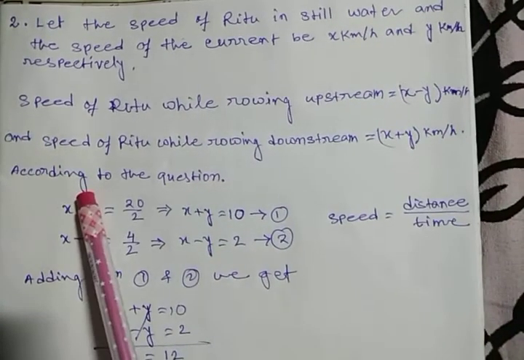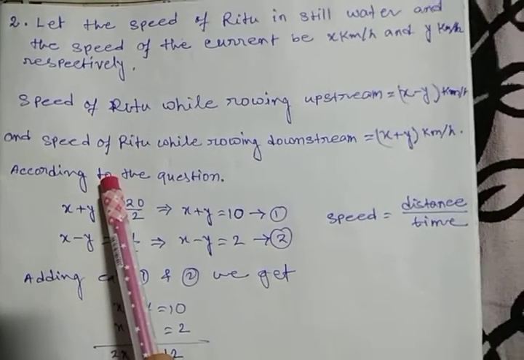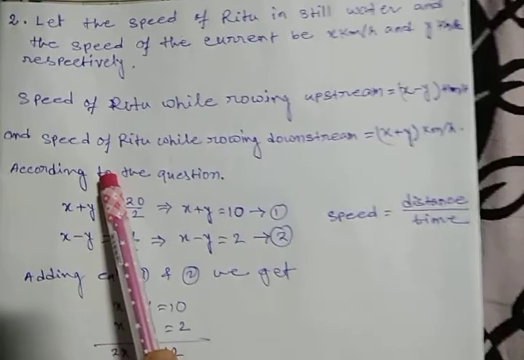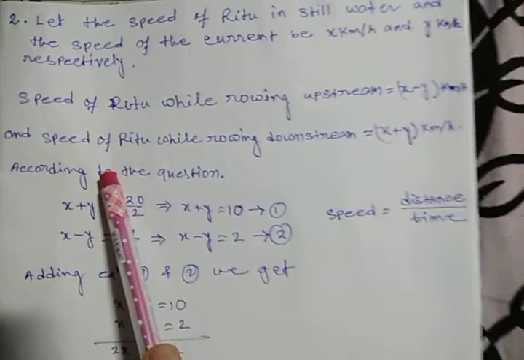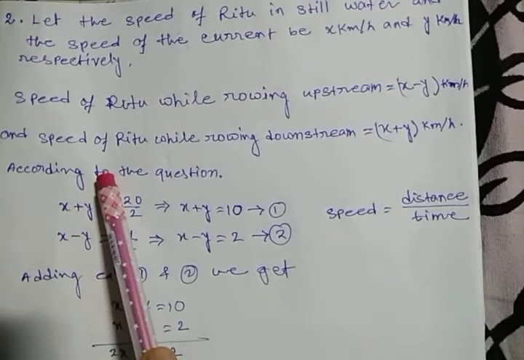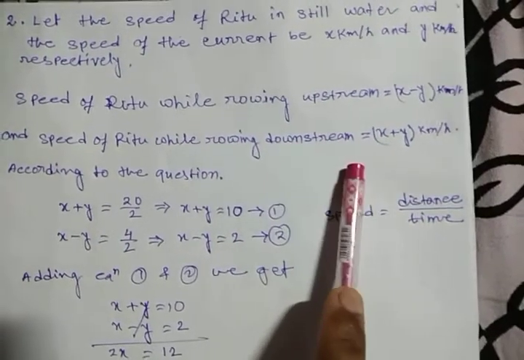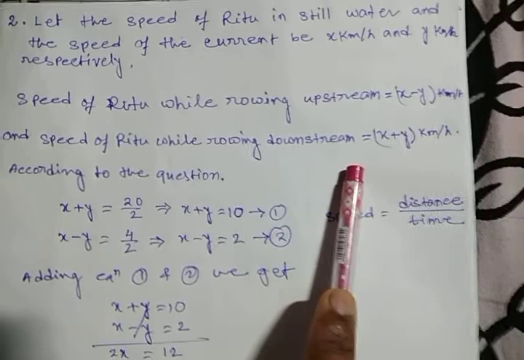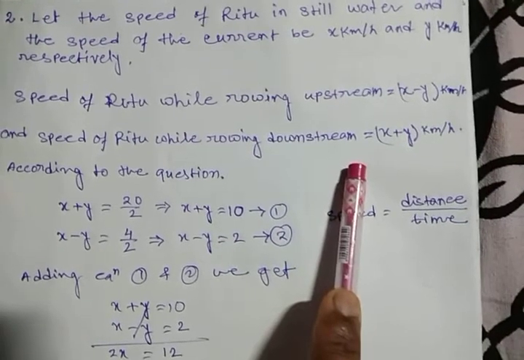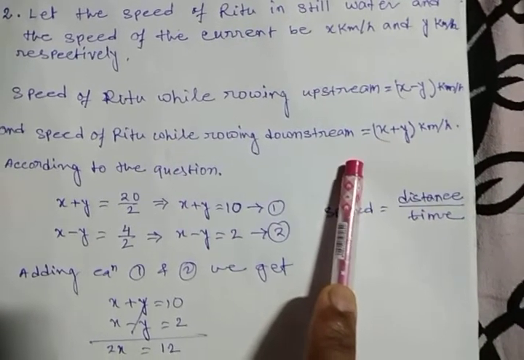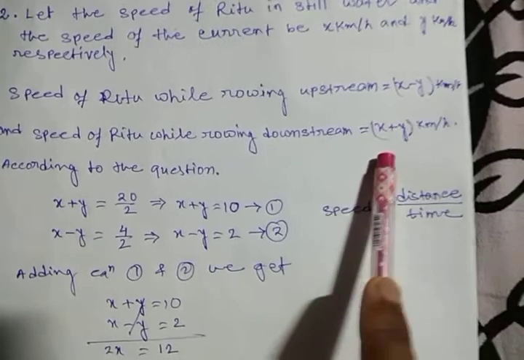And while Ritu is rowing downstream, the direction of Ritu is the same as the direction of the current. That means both directions are the same, that's why we need to add them. The speed of Ritu will increase while rowing downstream. So it will become x plus y.